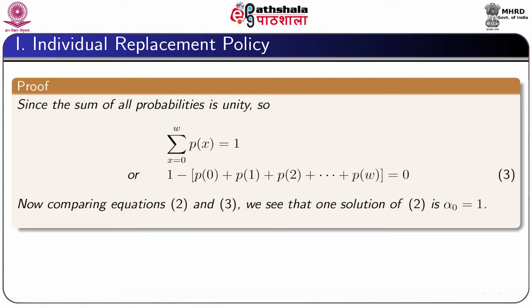Now, since the sum of the probabilities is equal to 1, we have 1 minus p 0 plus p 1 plus p 2 plus dot dot dot p w equal to 0. Now, if we compare equation 2 and 3, then we see that one solution of equation 2 is clearly 1, which we take alpha 0 equal to 1.